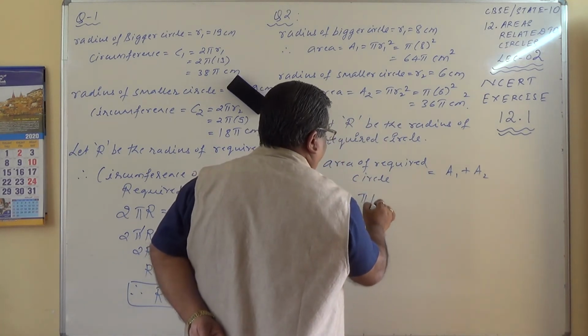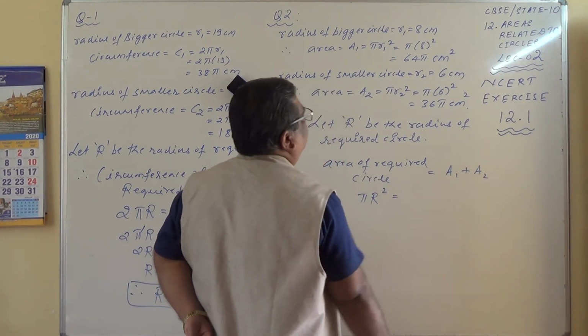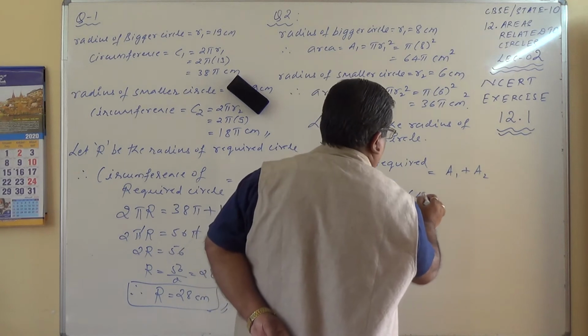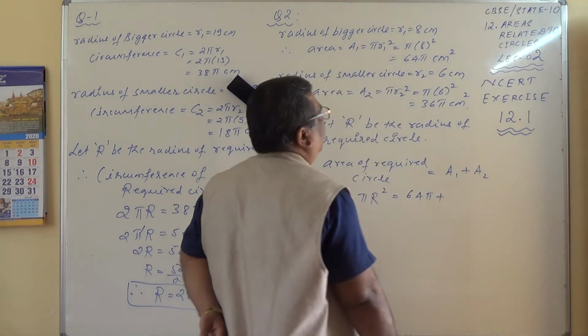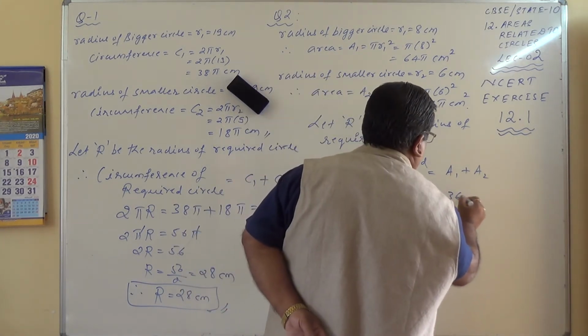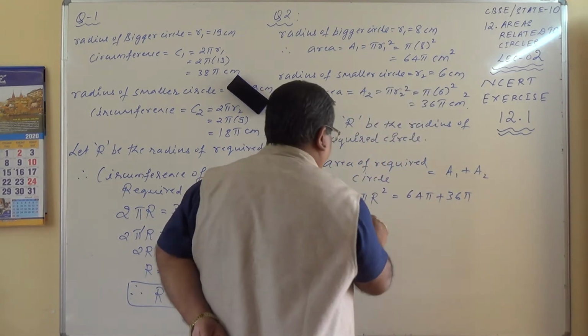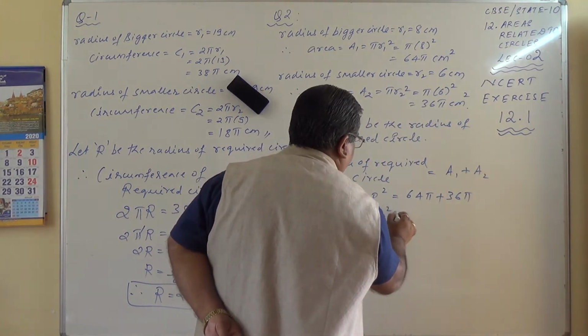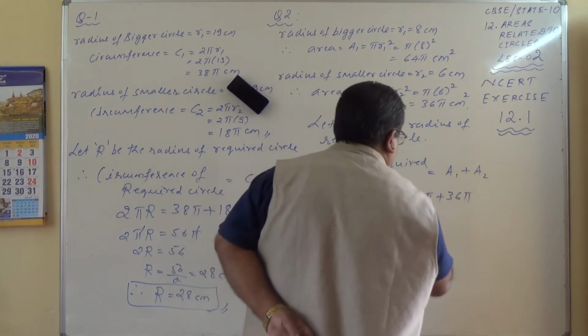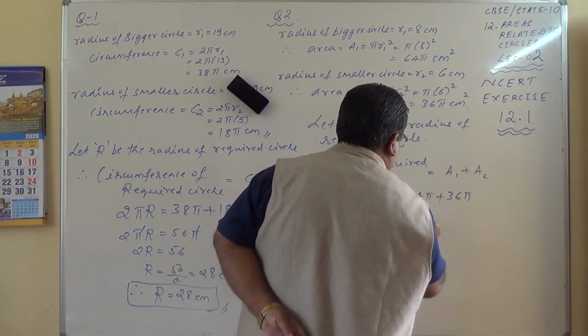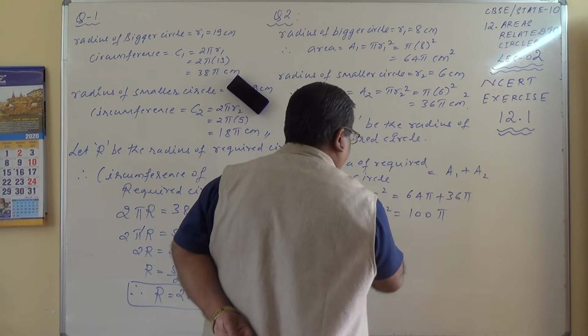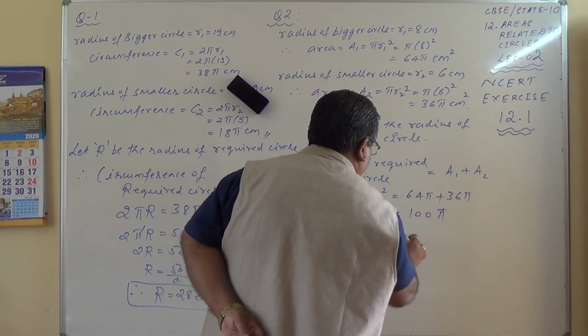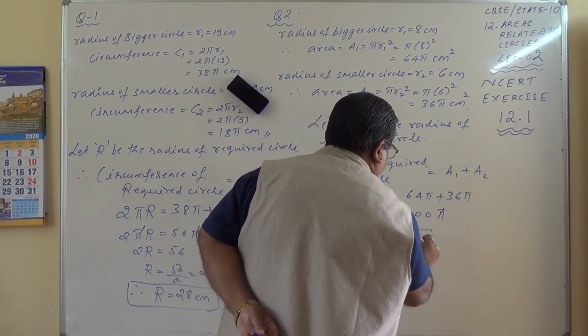So this is pi capital R square equals 64 pi plus A2 which is 36 pi. Therefore pi R square is equal to 100 pi. Pi cancels. Therefore R is equal to under root of 100.